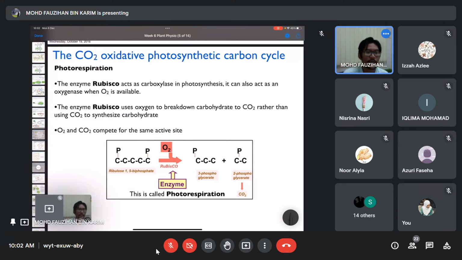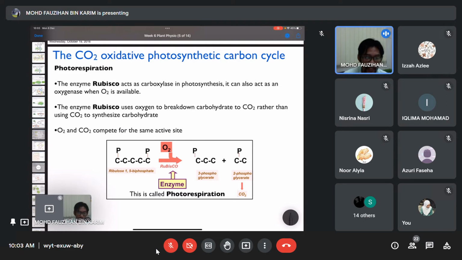In unfavorable environments, for example when the temperature is very high, we know that rubisco is an enzyme, right? Ribulose biphosphate carboxylase oxygenase.